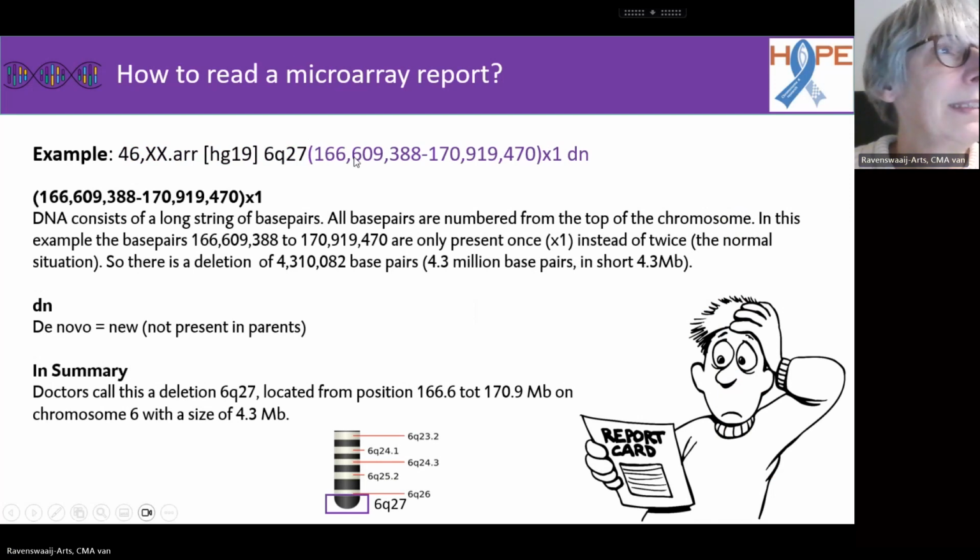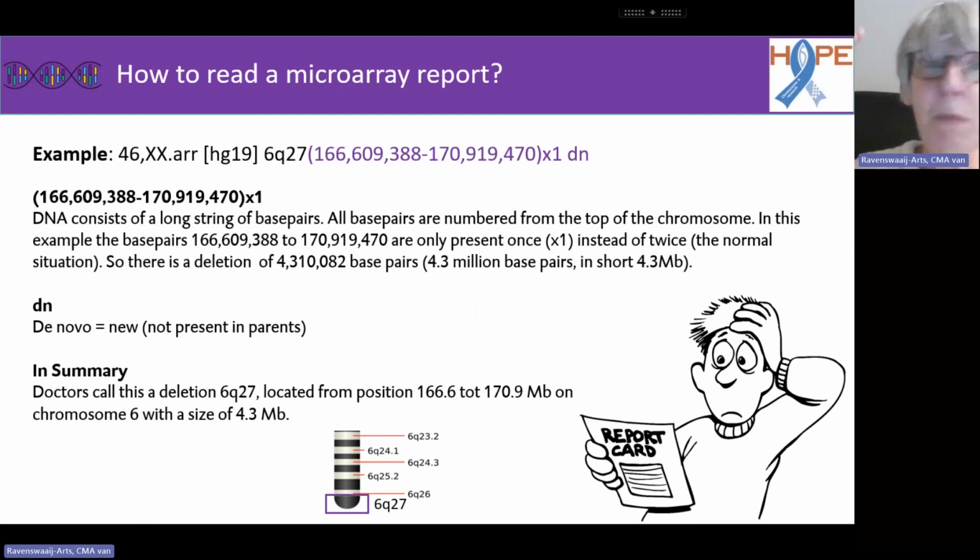So this bunch of numbers, followed by ×1, says that these are the base pairs. The DNA consists of a long string of base pairs. All these base pairs are numbered from the top of the chromosome downwards.